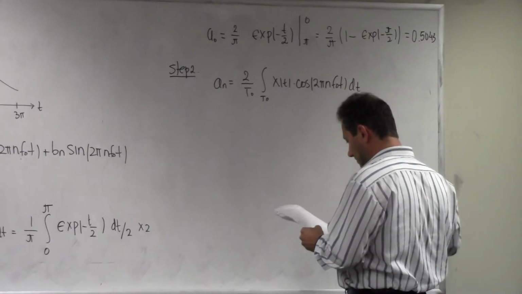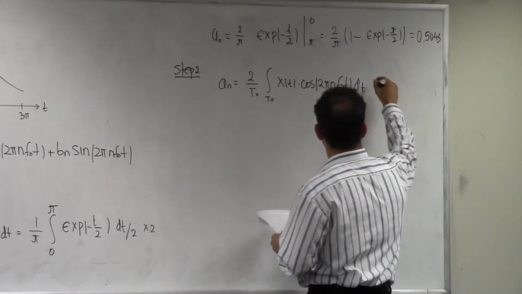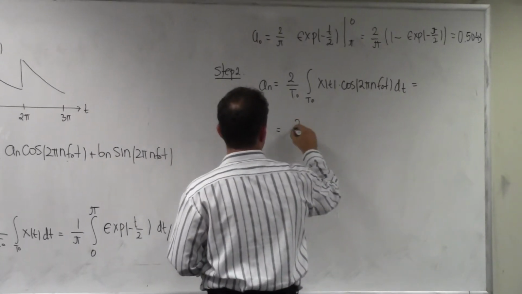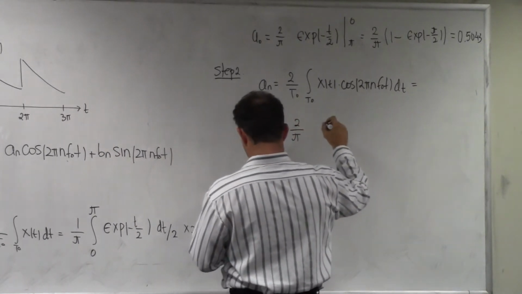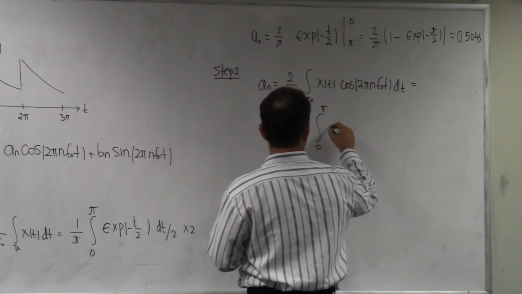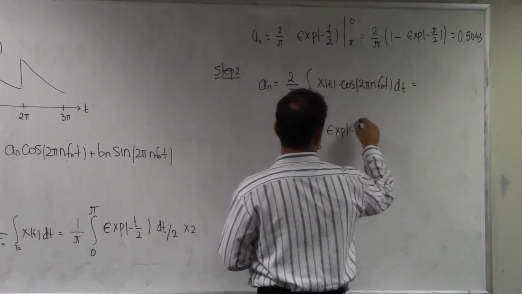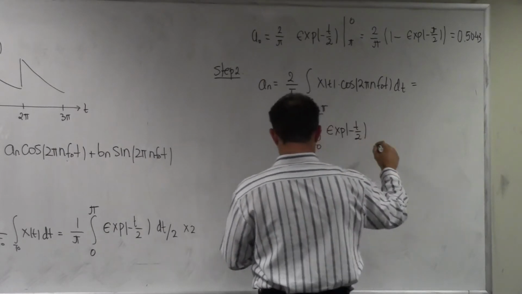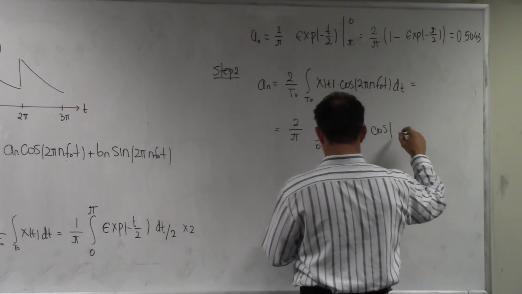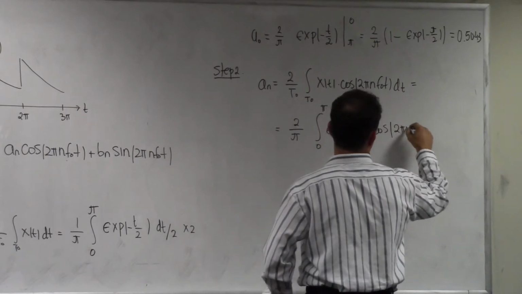When I substitute this, this ends up being 2 over pi, and then integral from 0 to pi, e to the minus t over 2 times cosine 2 pi n.